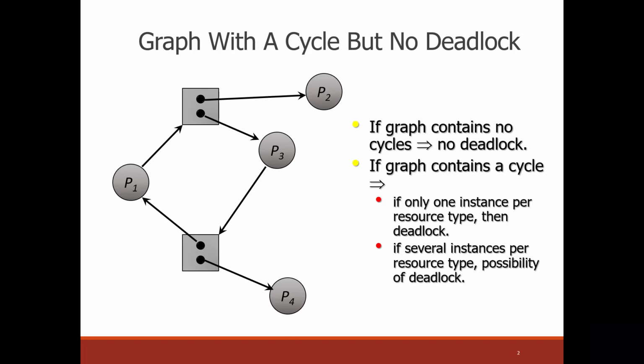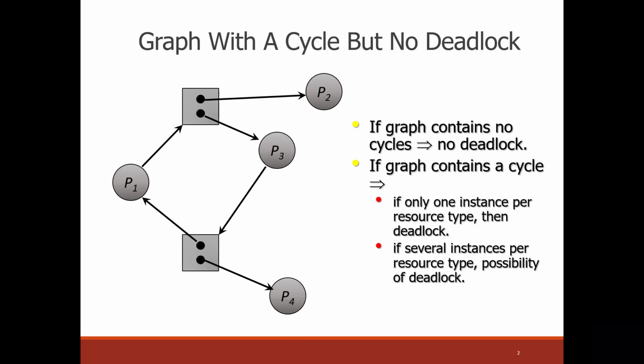Let's assume that P2 finishes with its instance of that top resource. That frees up an instance so that P1 can now get that resource. It will release that resource, and then it can release the resource that P4 requires as well as P3. And so notice here we have a cycle, but not necessarily a deadlock.